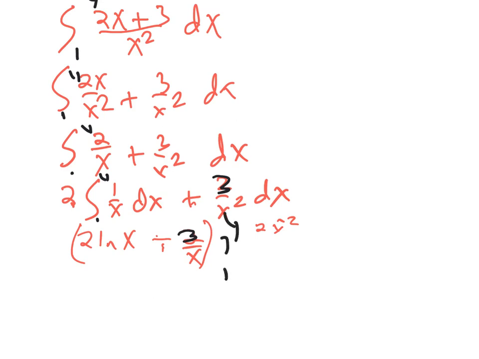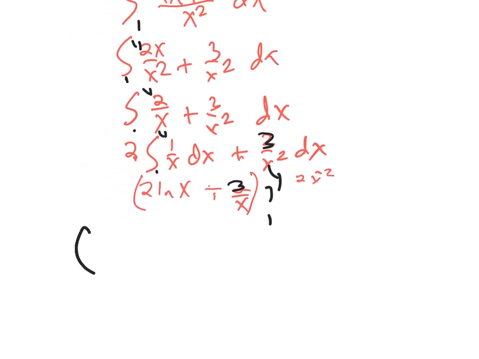From 1 to 4. Plug in the top first: 2 natural log of 4 minus 2 over 4, that's 3 over 4.